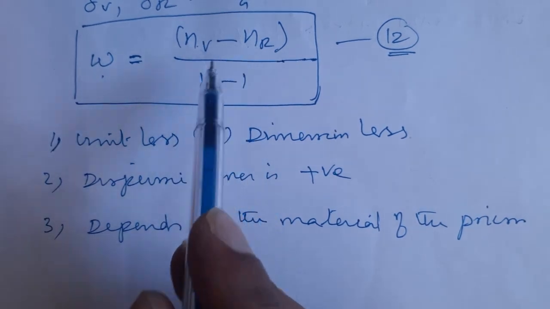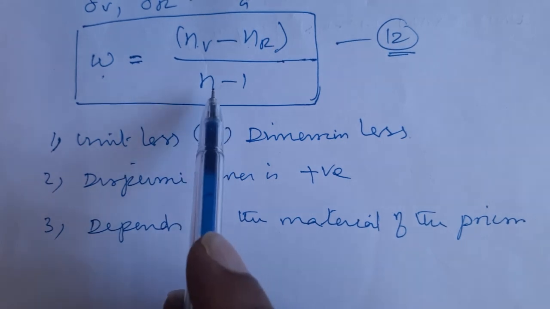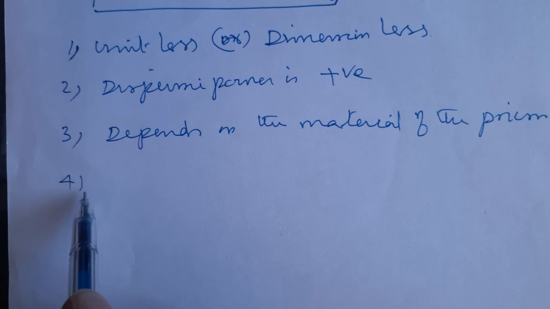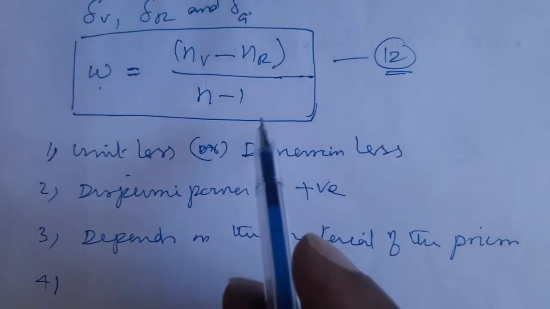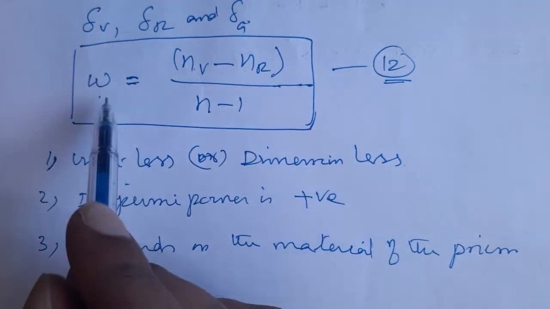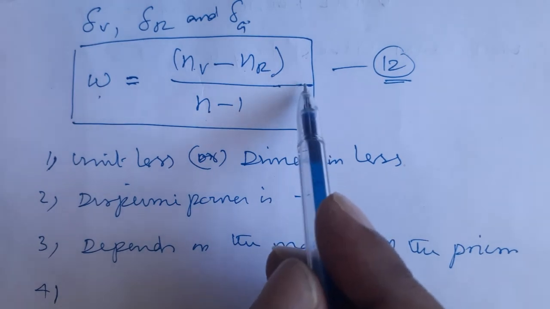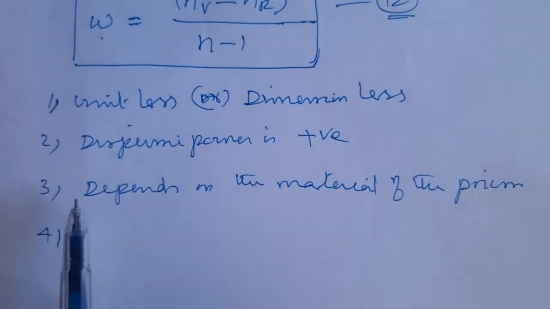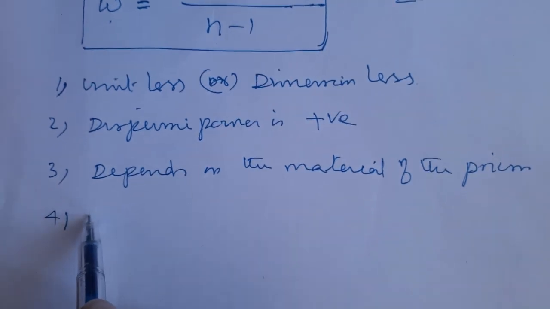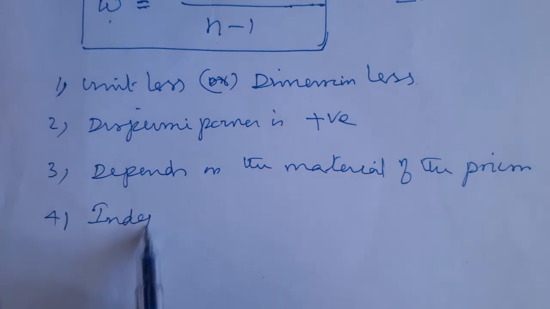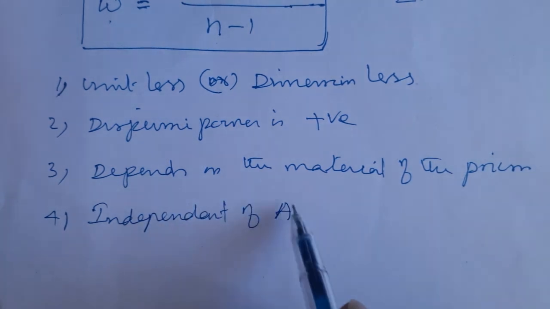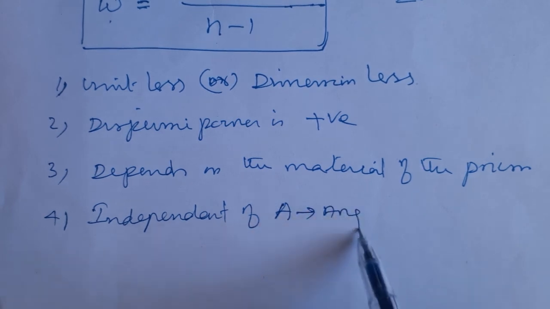Then another important point: there is no A factor here in omega. A is the angle of the prism, so it is independent of the angle of the prism. This is the main question.